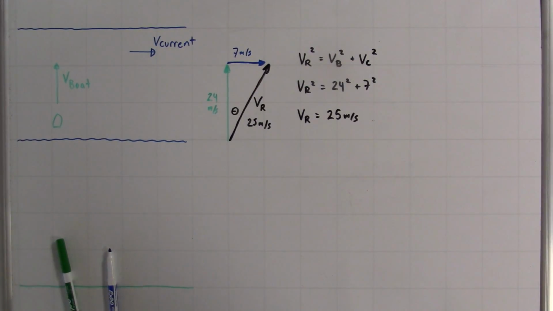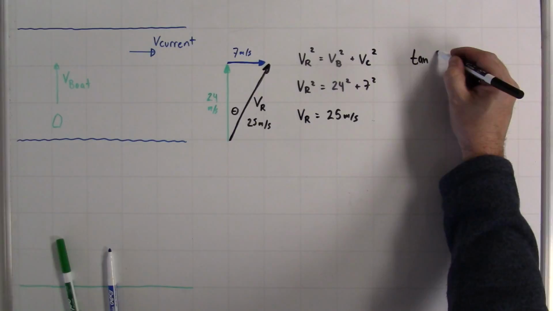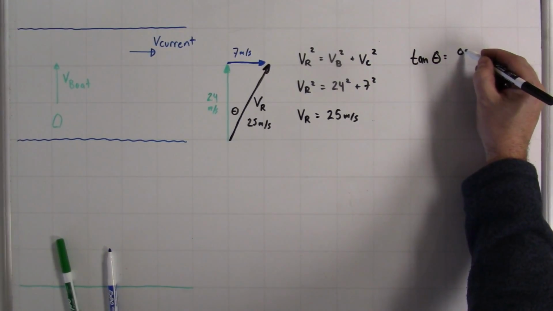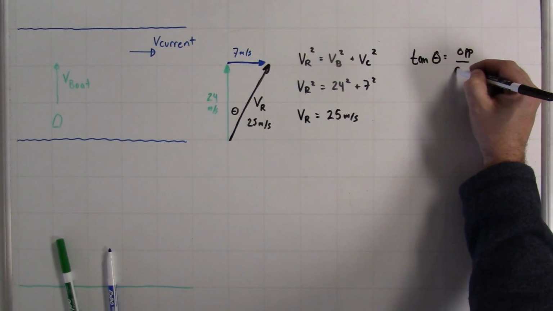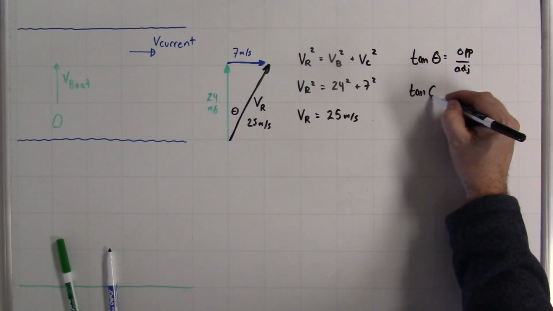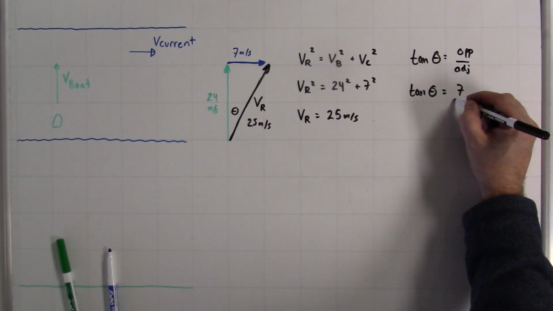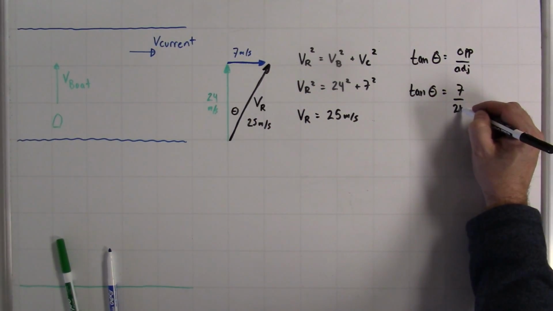If you want to solve for the angle, now that we have all three sides, you could use any of our trigonometric functions. We'll use tangent. So I'm going to say that the tangent of the angle is equal to the ratio of the opposite side to the adjacent side. Tangent of my angle is equal to the ratio of the opposite side, in this case 7, to the adjacent side, 24.